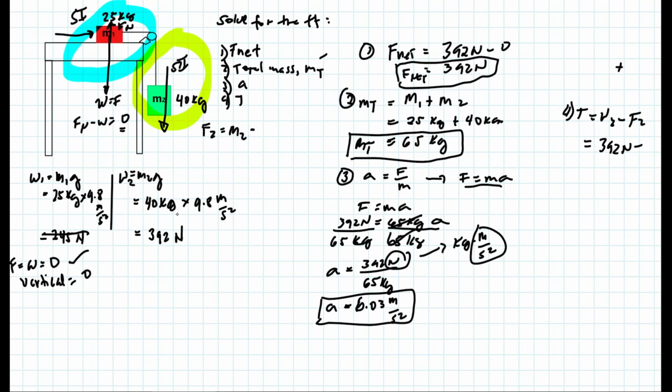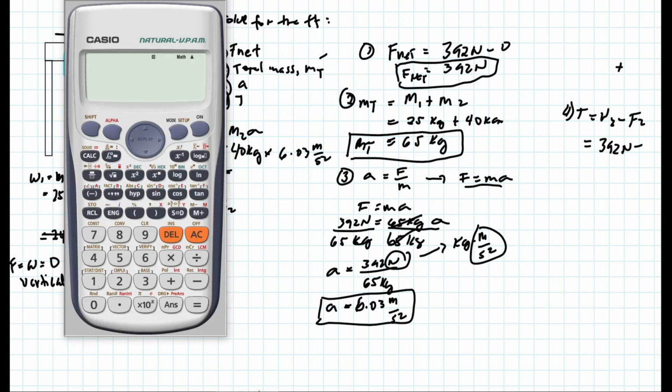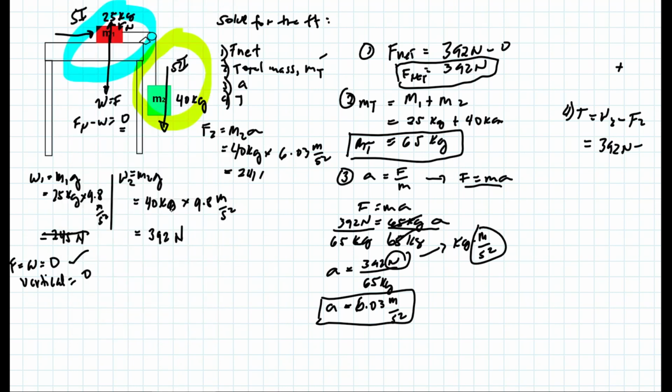F2 is equal to M2 times A. That will give us 40 kilograms multiplied by 6.03 meter per second squared. 40 multiplied by 6.03 will give us 241 newtons. So this is our F2.